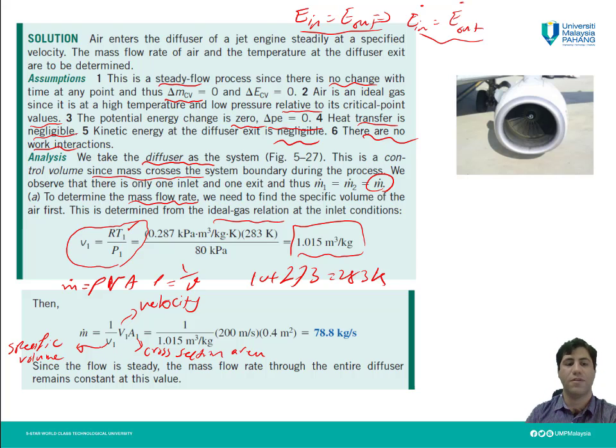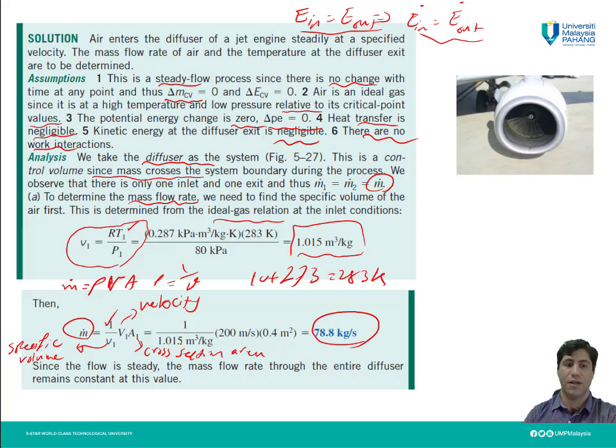So we have this equation, m dot equals 1 divided by V1 times capital V1 times A1. We just substitute the specific volume which we have calculated. The velocity of air at the entrance of the diffuser is 200 meters per second, and the cross-section area of the diffuser at the entrance is also given, which is 0.4 meter squared. Then we can calculate the mass flow rate from this diffuser.